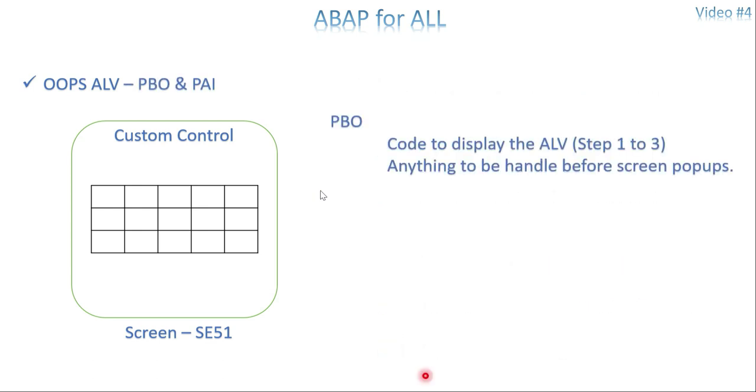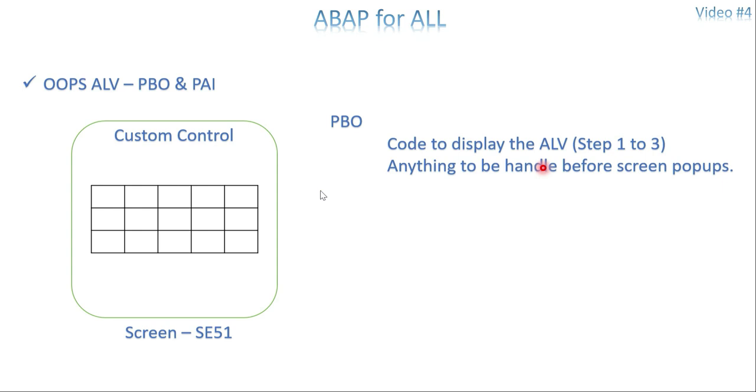Okay, PBO and PAI. As we are involved in module pool programming, as you are aware, if it is a screen involvement, there is a place to write code for the screen component. Either it should be PBO or PAI, process before output, process after input. So in PBO, we are going to write the code to display the ALV, whatever the steps I have explained in the previous slides, steps 1, 2, 3.